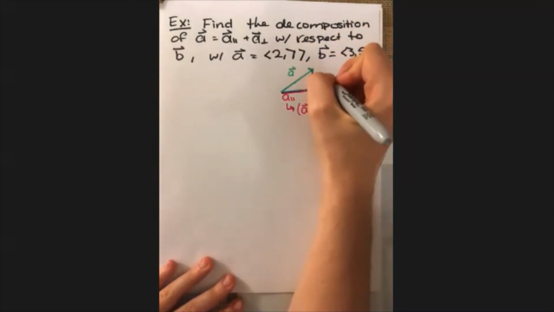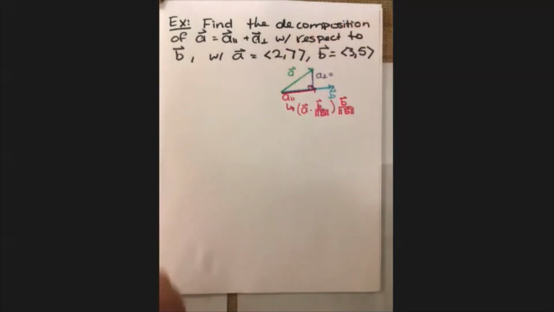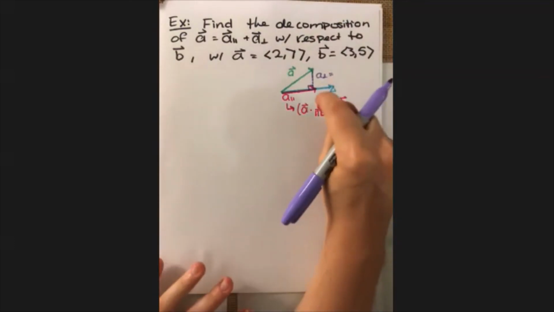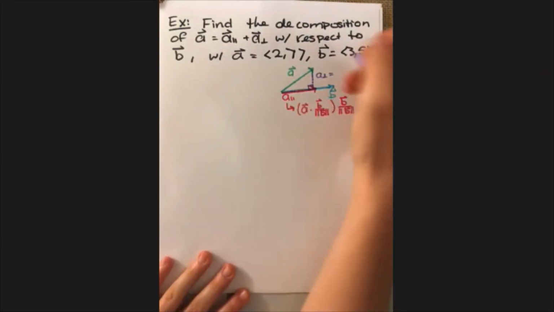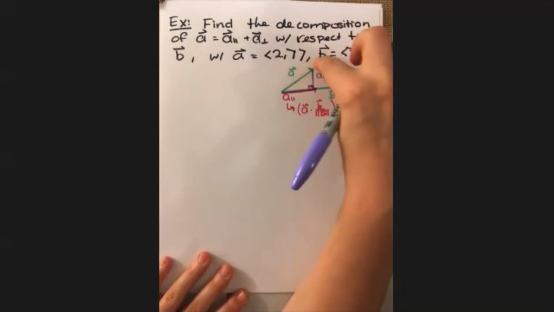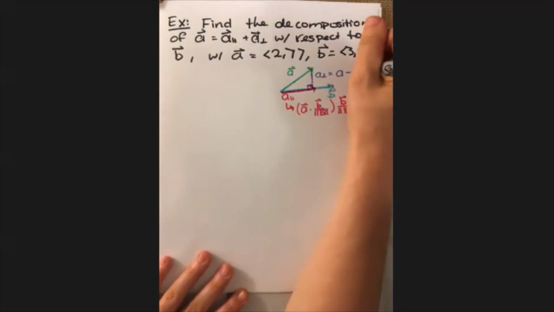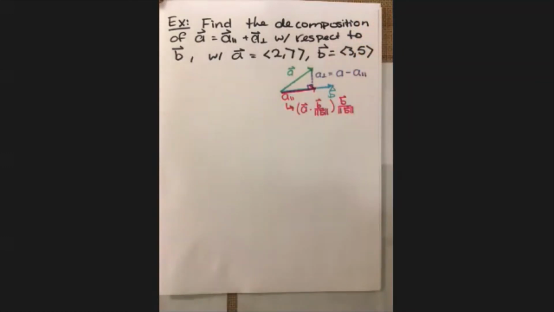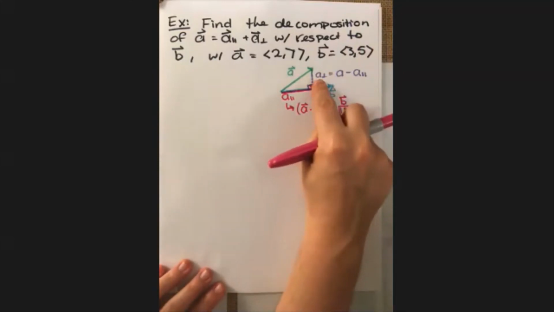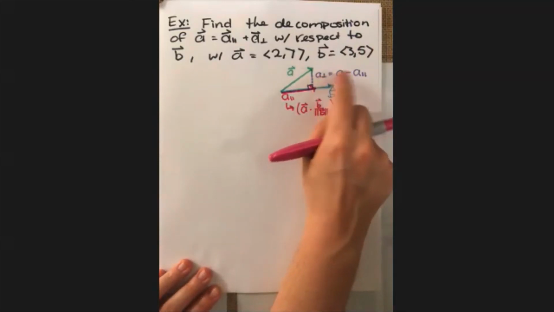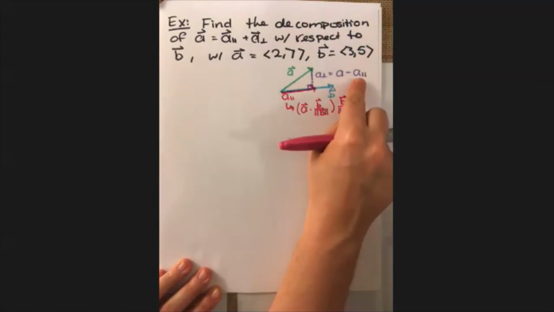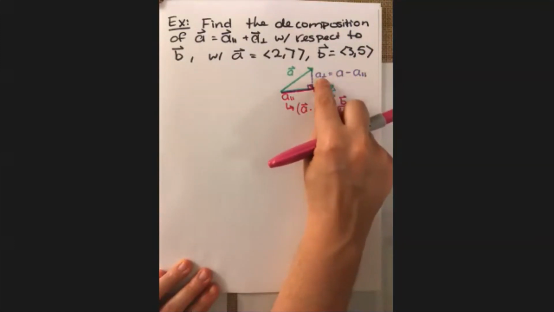We're going to compute that by simply taking the difference between A and that parallel part, because it's really just thinking about what A looks like if this piece wasn't present. But we don't know this part yet, so we can't compute this piece without it.